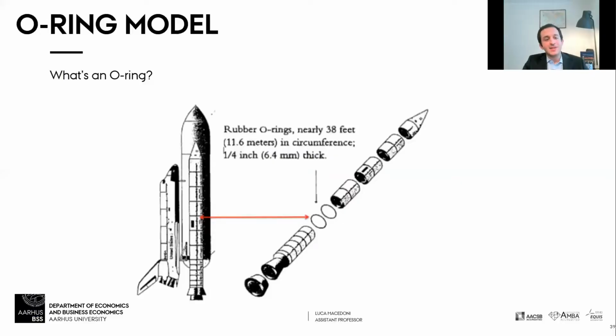So let's start with a question: what is an O-ring? Well, an O-ring is this rubber piece, a circular piece, right? It's a seal that is used in components of shuttles. Why is this famous? Why are O-rings infamous?